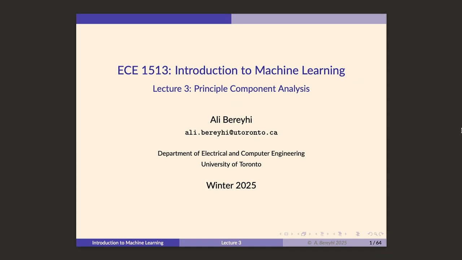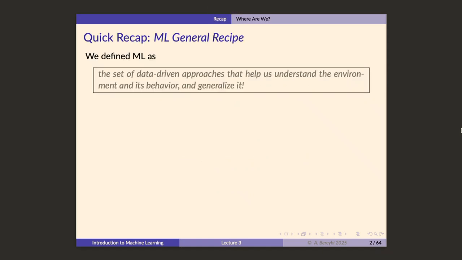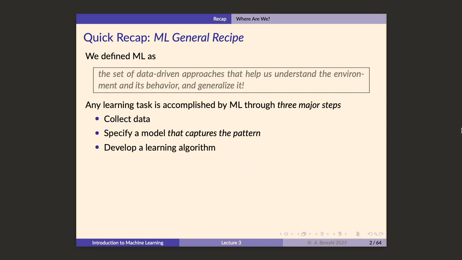So the idea today is that we want to study principal component analysis. Just a quick recap on what we did up to this point. We started with the general idea of machine learning. We defined it to be a set of data-driven tools that help us find models which can essentially generalize. And then we talked about the general prescription for any machine learning problem.